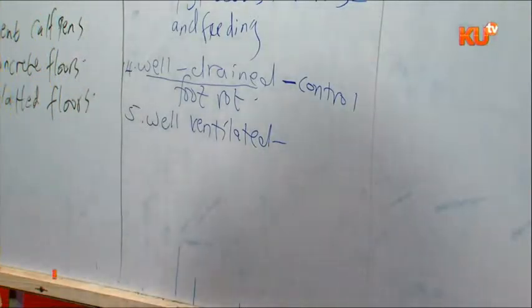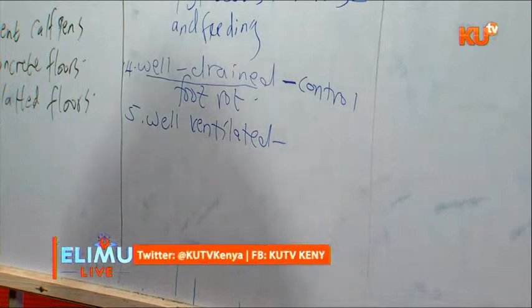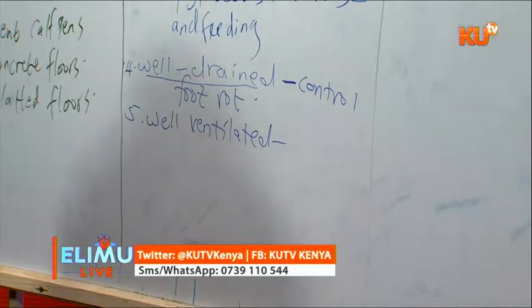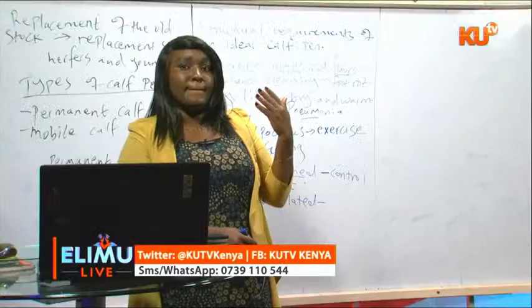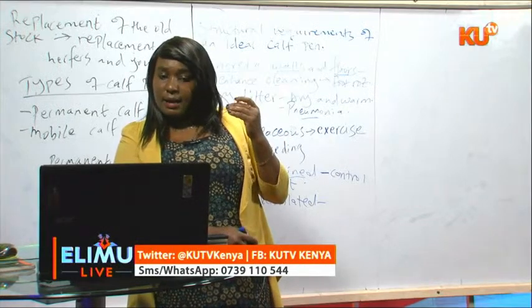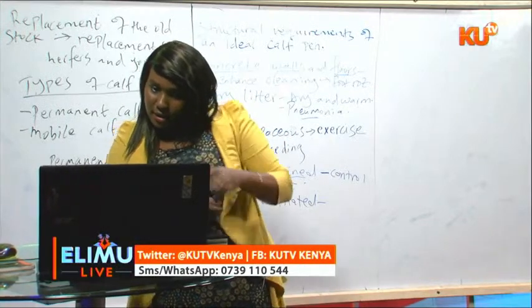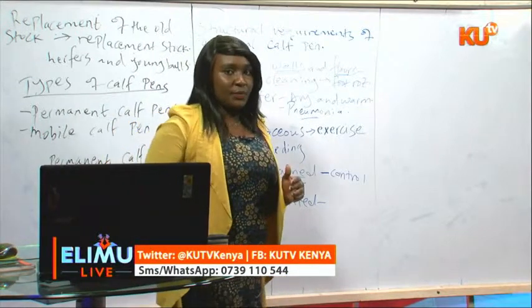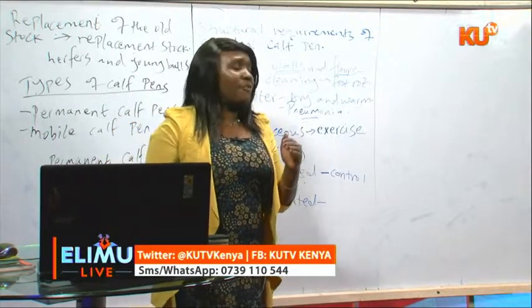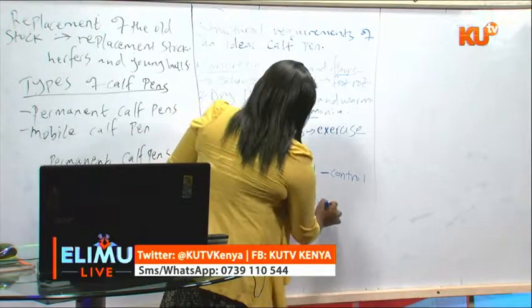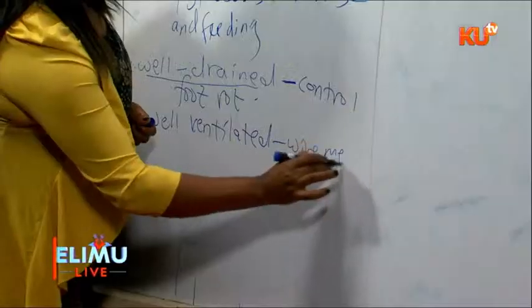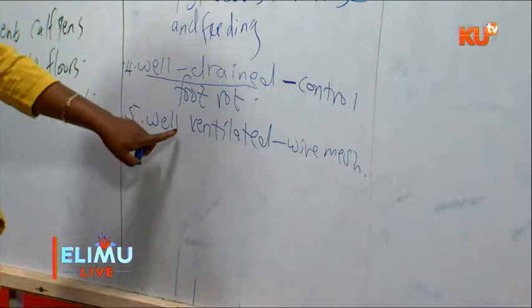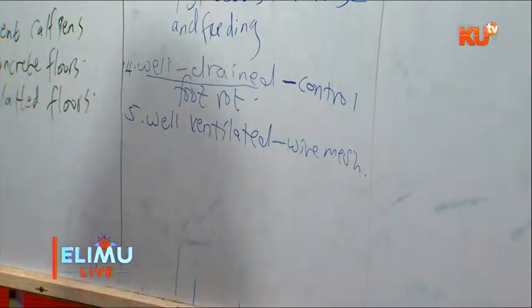And well ventilated rooms, of course, are brought about by making sure that there's a portion of the calf pen that has wire mesh. And of course, this boosts the immunity.